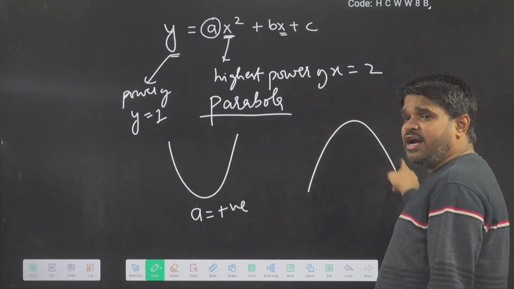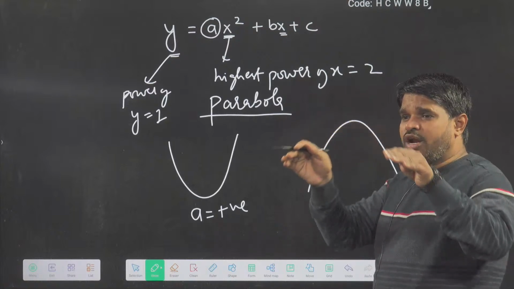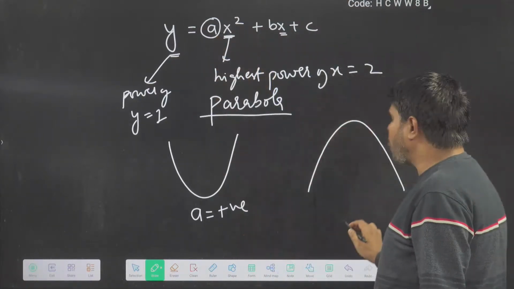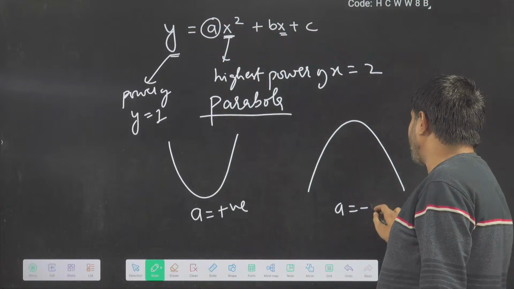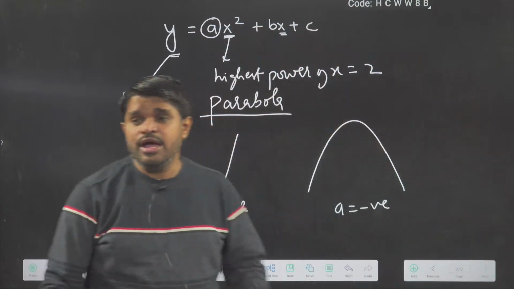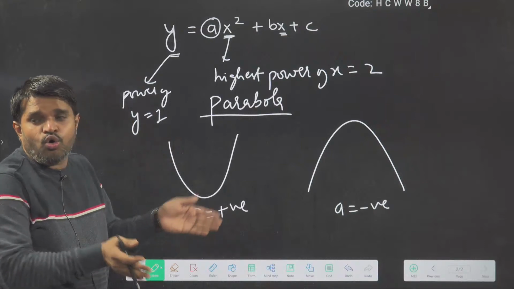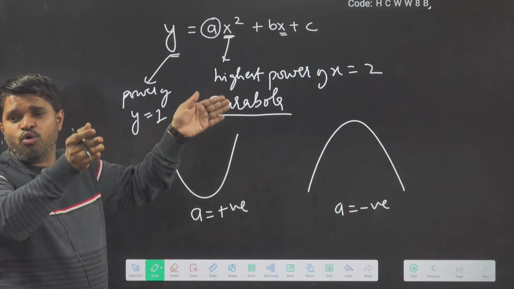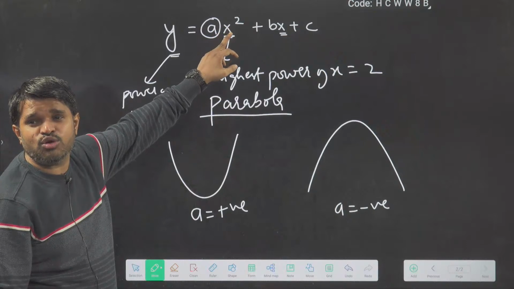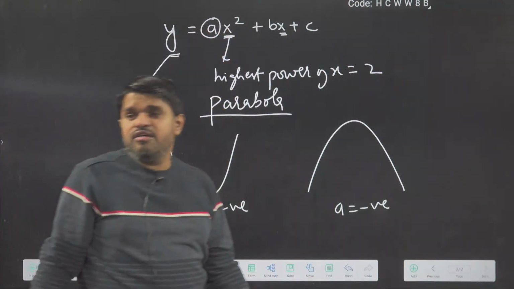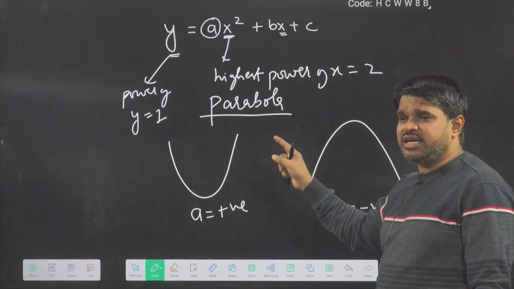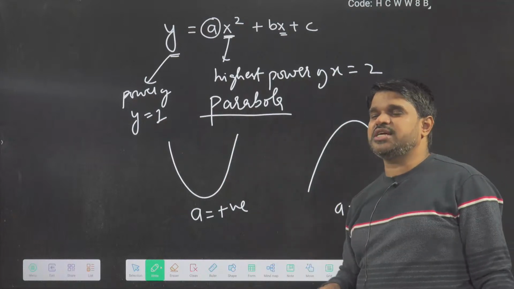You will have a downward opening parabola when the coefficient of x square is negative. Whatever is the value of b and c doesn't matter. The opening of the parabola, upward or downward, is decided only by the coefficient of x squared, which is a. So if a is positive, upward facing; if a is negative, downward facing.